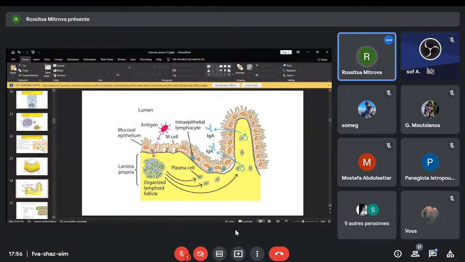Here you have the same scheme of mucosal epithelium that consists of these M cells transporting the antigens into the organized lymph follicles that produce, for instance, immunoglobulin A in that place.